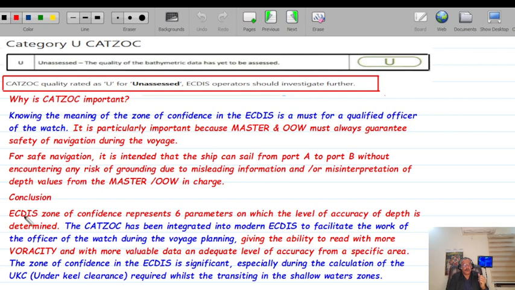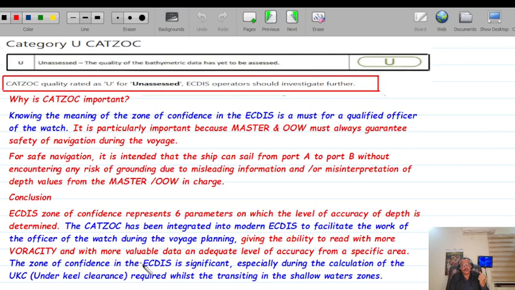Now, conclusion. ECDIS zone of confidence represents 6 parameters on which the level of accuracy of the depth is determined. The CATZOC has been integrated into the modern ECDIS to facilitate the work of the officer of the watch during the voyage planning, giving the ability to read with more veracity and with more valuable data an adequate level of accuracy from the specific area, that is the area in which you're navigating.